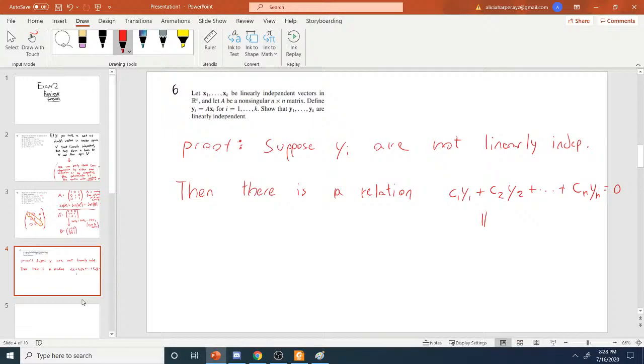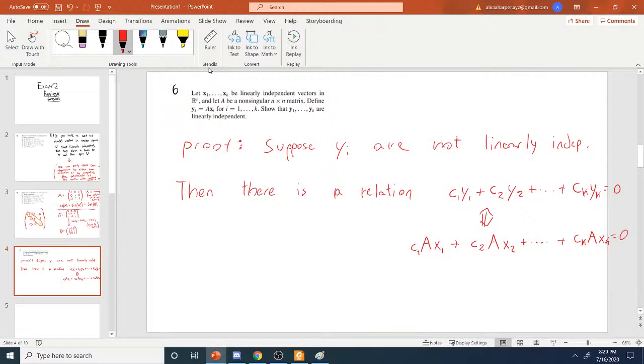This, of course, is the same thing as c1 times A x1 plus c2 times A x2 plus and so on, up to ck times A xk, and this equals 0.